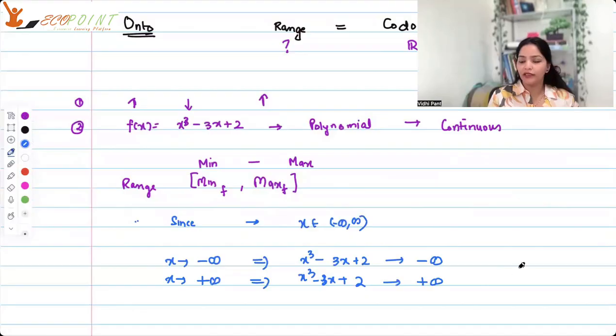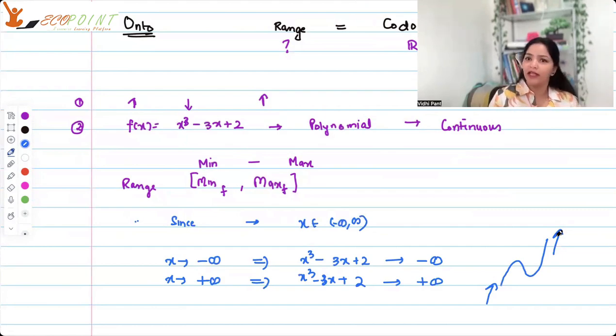And this also comes from the fact that your function looks like this. It's coming from minus infinity and then going to plus infinity. But of course, I don't assume you to be able to create a graph out of it every time. I used a software and quickly gave you the graph. Sometimes you will be able to graph certain functions, sometimes you won't. So I want you to think logically.